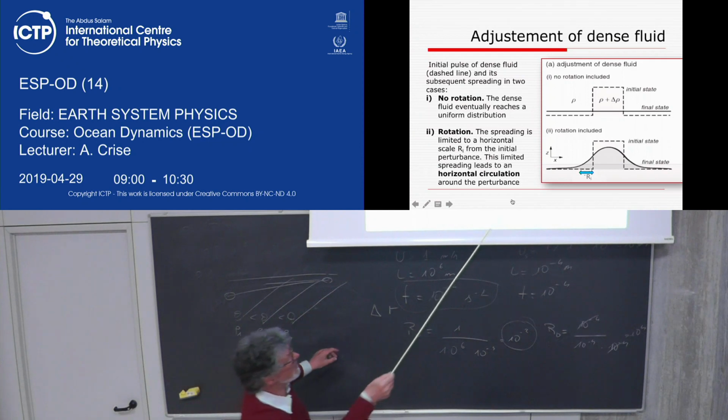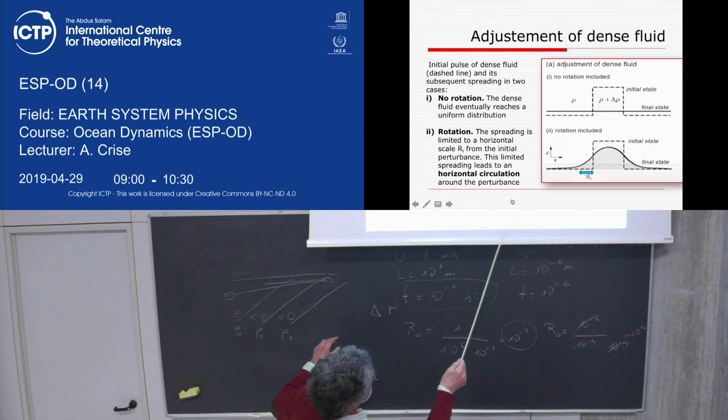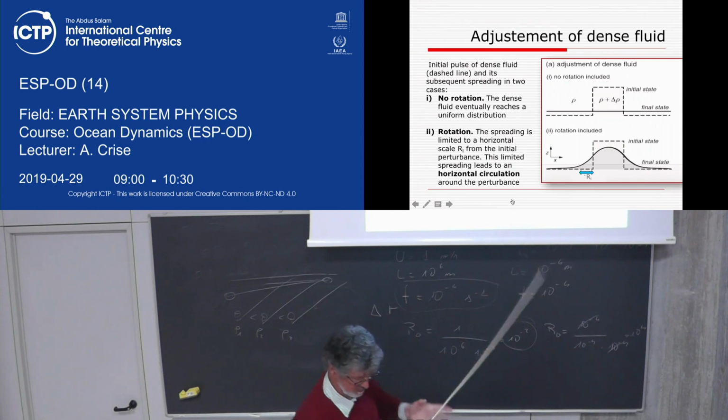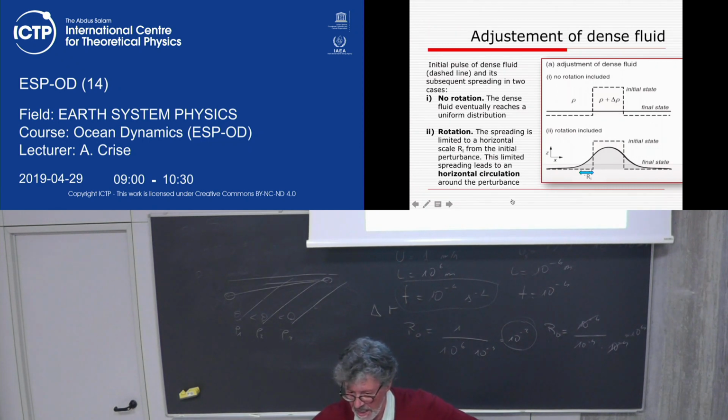What happens? Generally, this collapses and creates an average value in the final state, right? You have just a pool of dense water in light water, or light water in dense water. Either one of the two is symmetric, only the rotation changes.